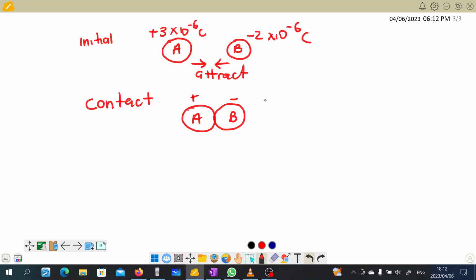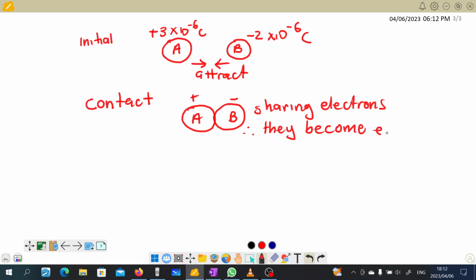They are sharing electrons. They will share electrons up until they become equal in magnitude of charge.